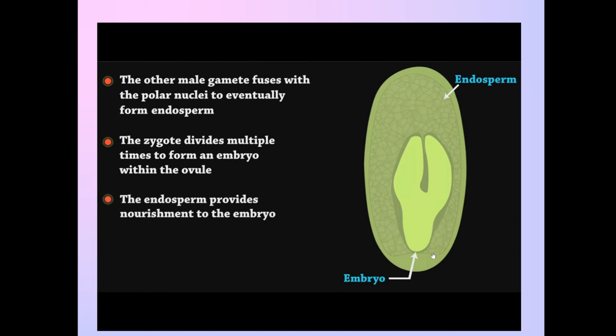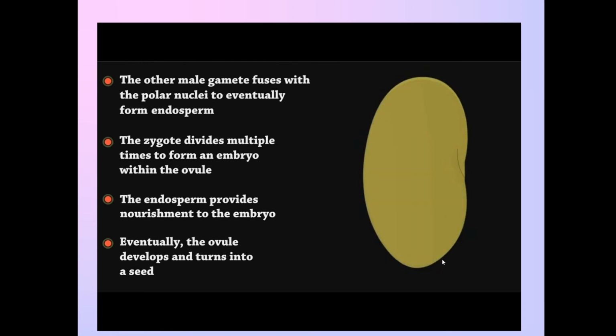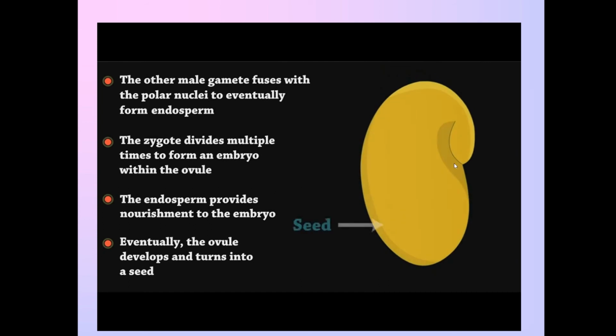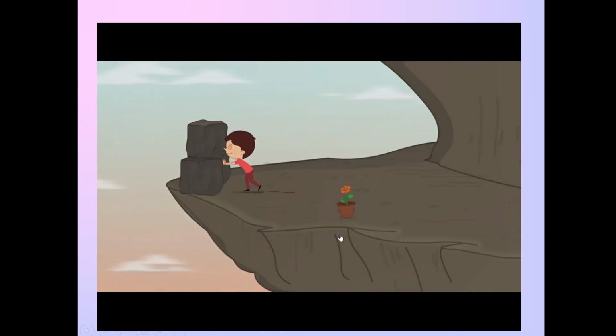The endosperm provides nourishment to the embryo. Eventually, the ovule develops and turns into a seed.